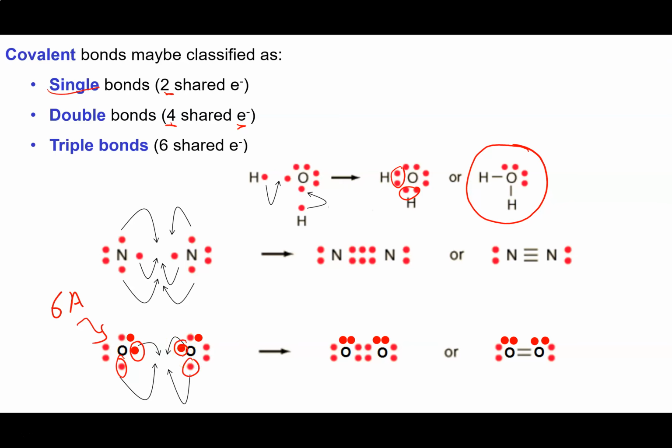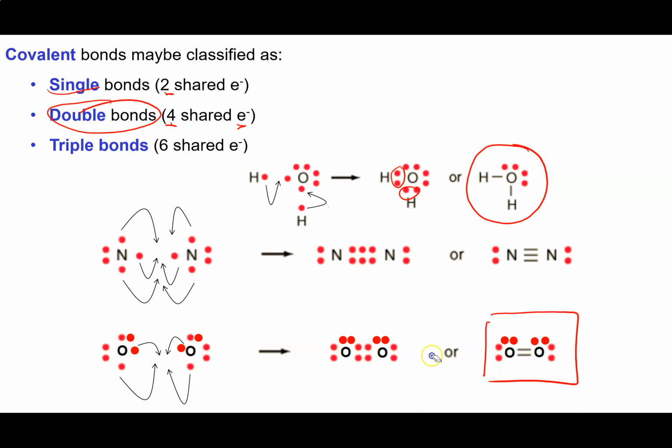They're going to share all those unpaired dots, and when we do that, we end up with 4 shared electrons. We put one line for each pair, for each 2 shared electrons, so we put a double line between the 2 oxygen atoms, and we refer to that as a double bond.